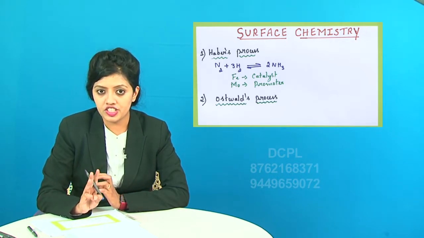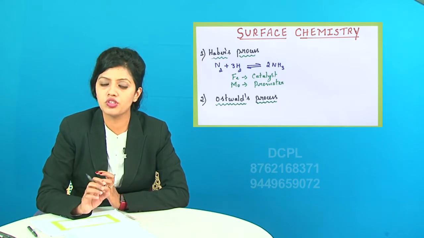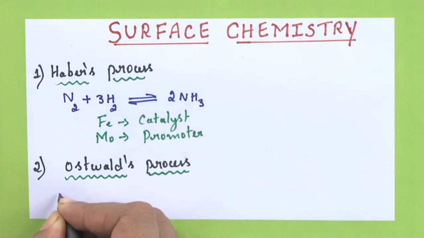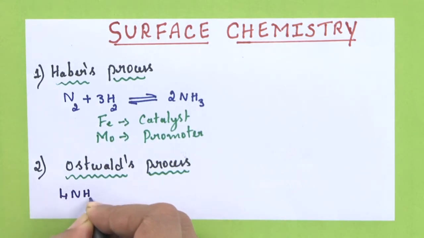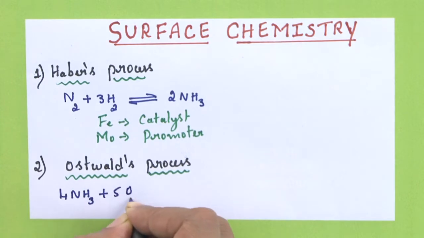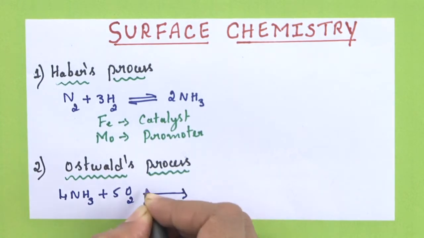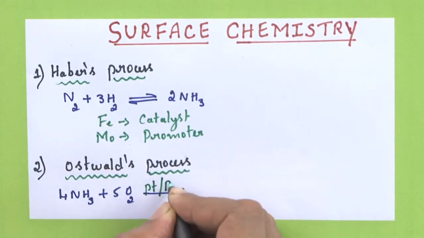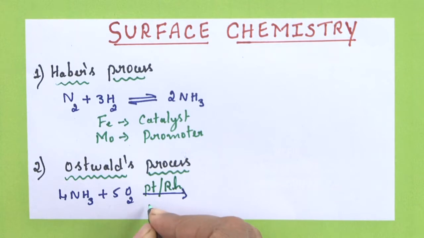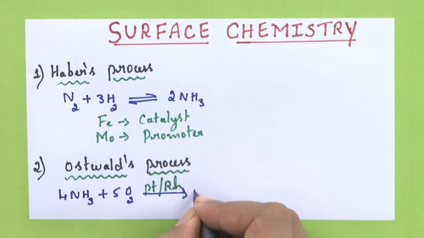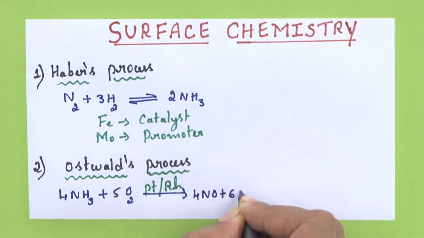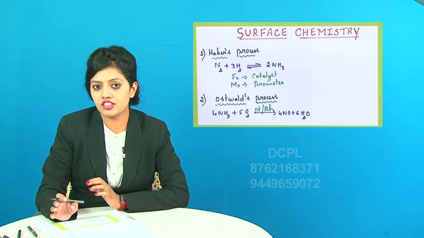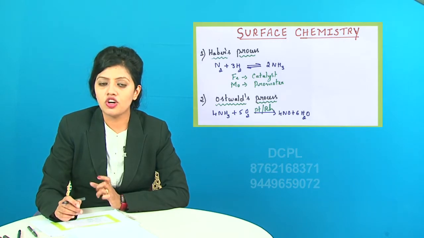This takes place in 3 steps. I will be focusing only on the main step which involves the catalyst. The main reaction is 4NH3 plus 5O2 in the presence of platinum or rhodium as the catalyst. It yields 4NO plus 6 water.